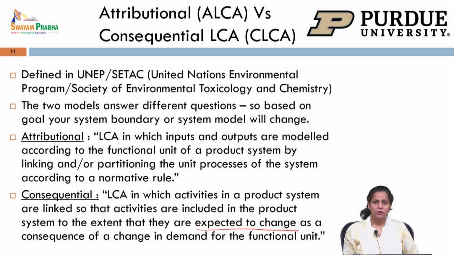So, here the focus is that if we have a change in demand of the product and we are making a change in a major part of the system, then we include that in the LCA, otherwise we don't. So, we will go through the example of consequential LCA.